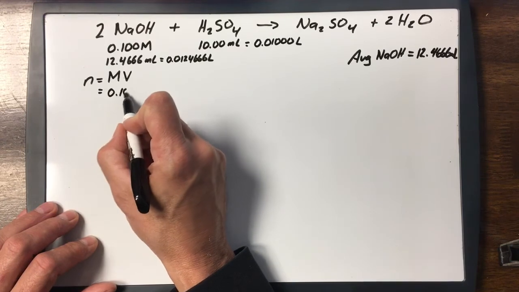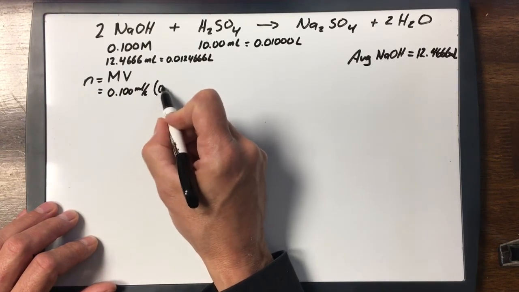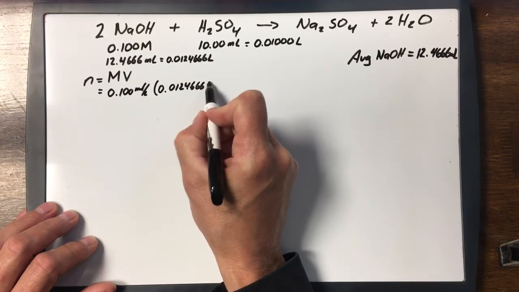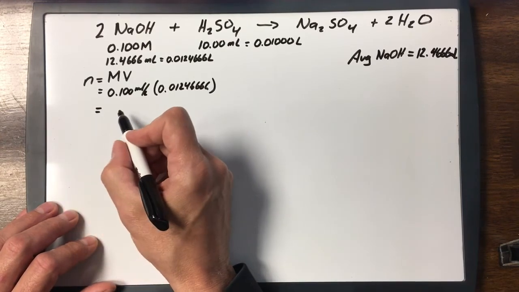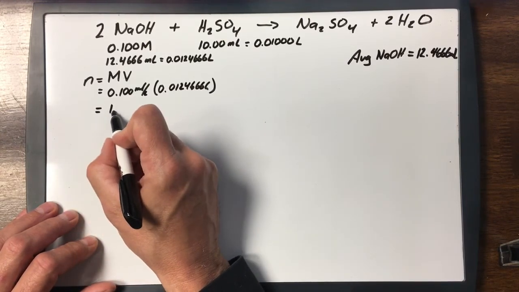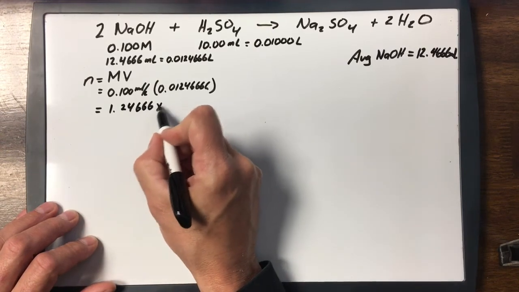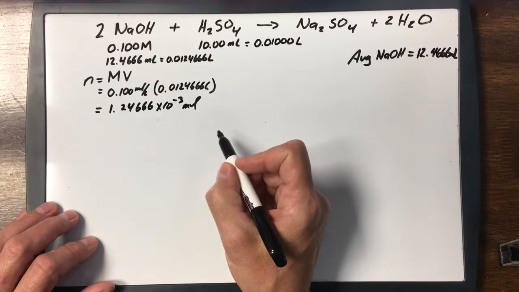So it's 0.100 moles per liter multiplied by 0.0124666 liters. Notice that the liters cancel out, and we're left with moles, which in this case becomes 1.24666 times 10 to the negative 3 moles.